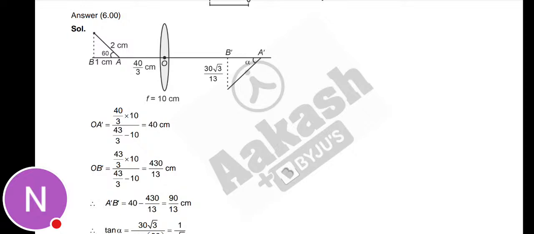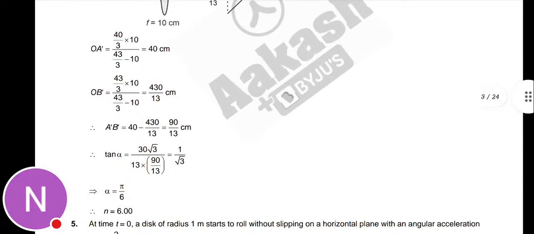Now A'P' is equal to 40 minus 430/13. So 13 into 40 is 520, so 90/13 centimeter is the value we'll get. So tan A is equal to (30√3/13)/(90/13), that is equal to 1/√3.